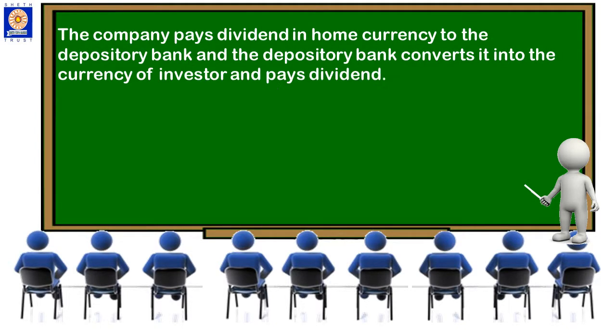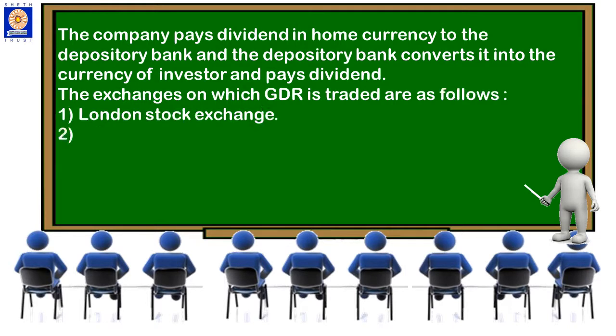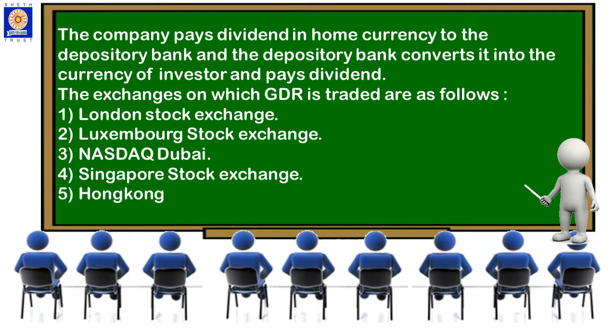The company also pays dividend in home currency to the depository bank, and the depository bank converts it into the currency of investors and pays the dividend. Suppose your company is listed on the New York Stock Exchange, and at the end of the year, when you declare a dividend, you will transfer the amount of dividend in rupees, INR.